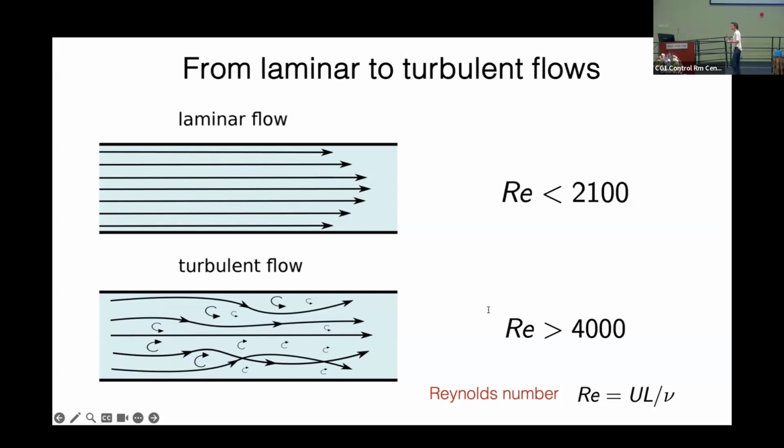The ink he was injecting would follow a well-defined straight streamline, and there would be no mixing.